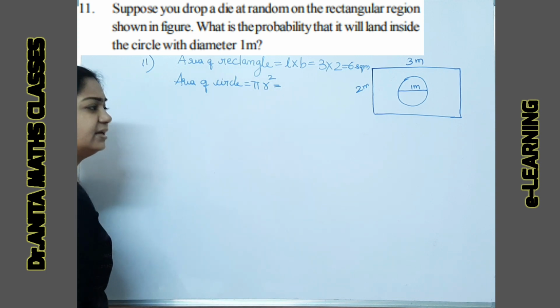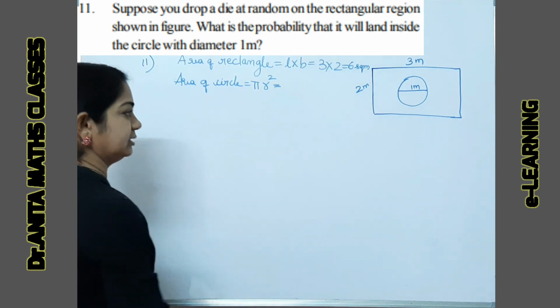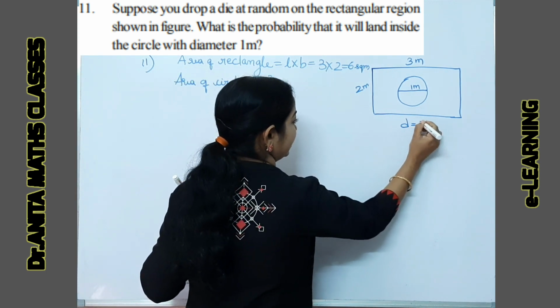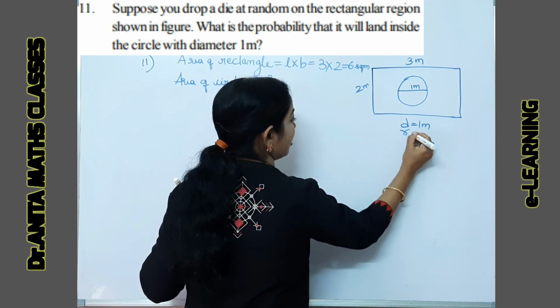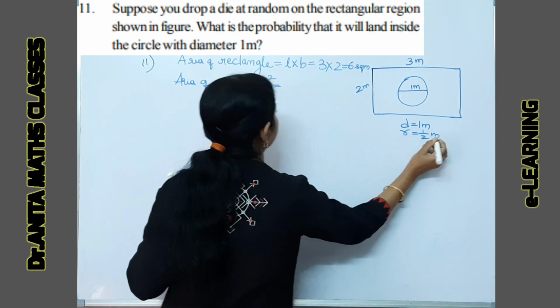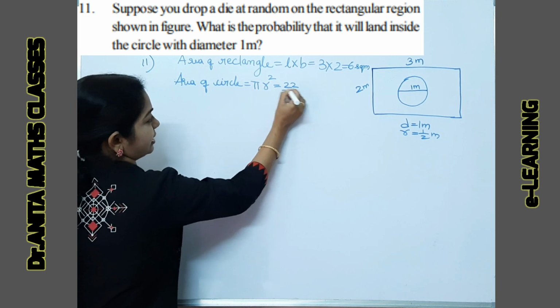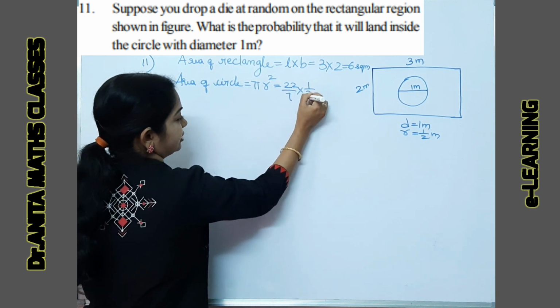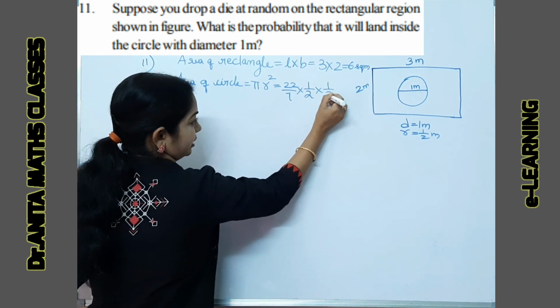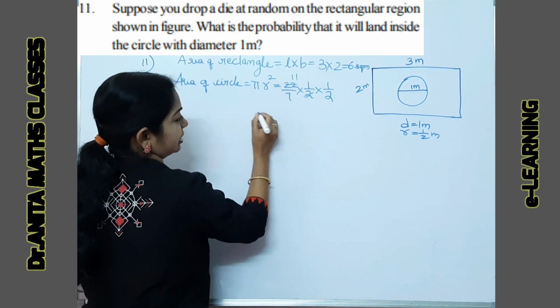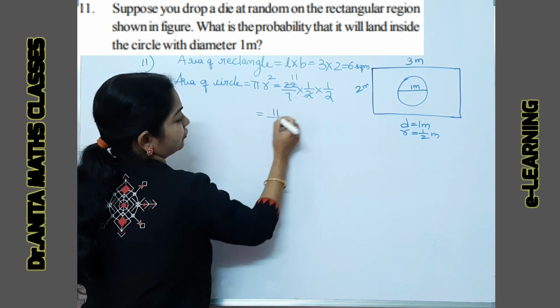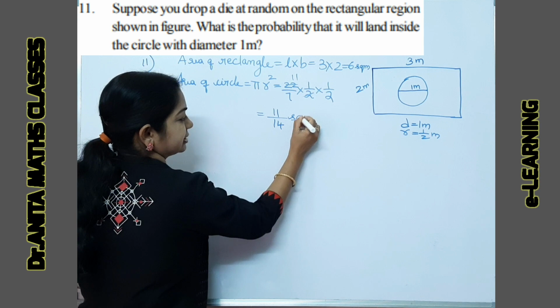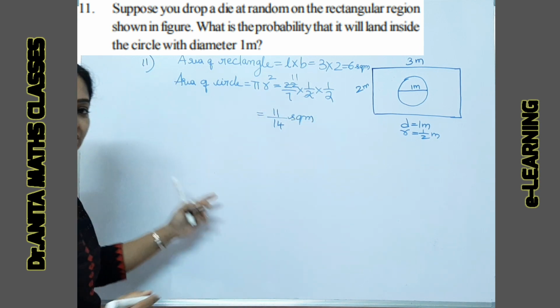The diameter is given as 1 meter, that means radius is half meter. So 22 by 7 into half whole square. Cancel it off, so that comes to 11 by 14 square meters is the circular region area.